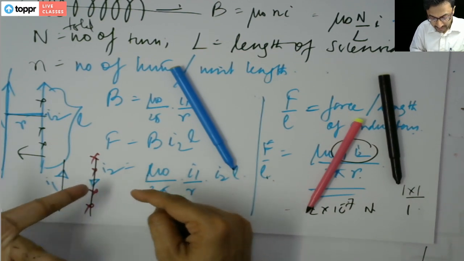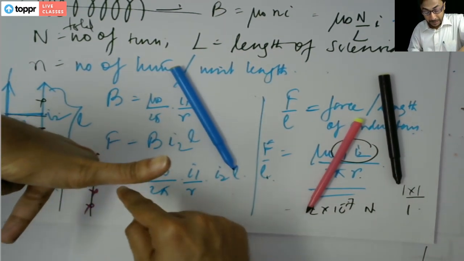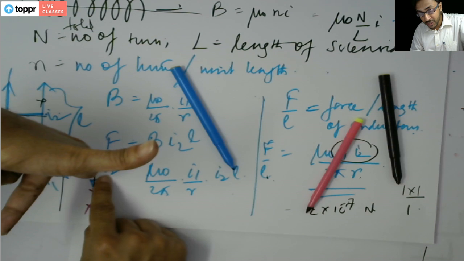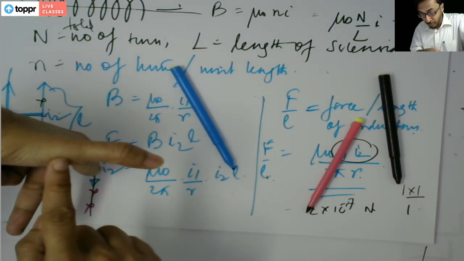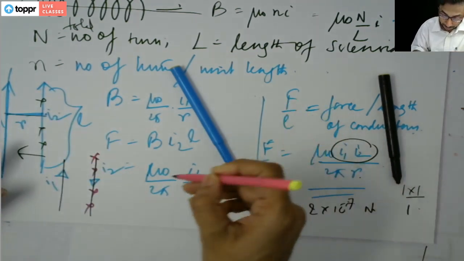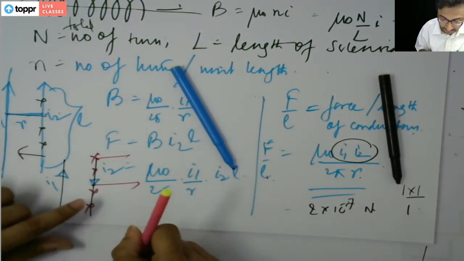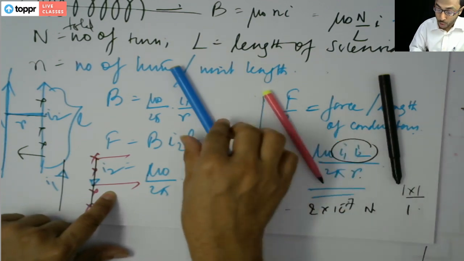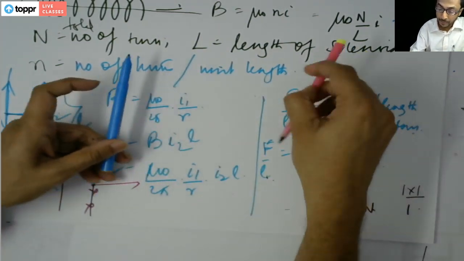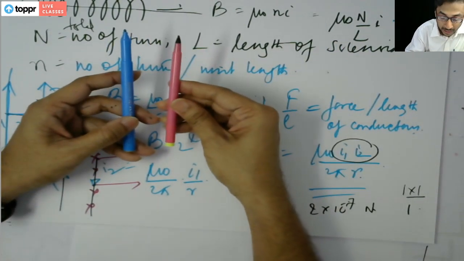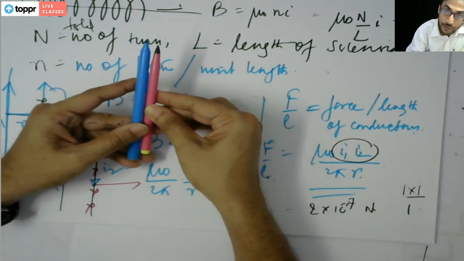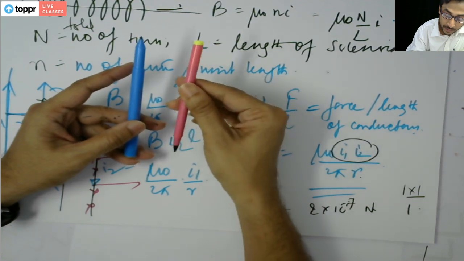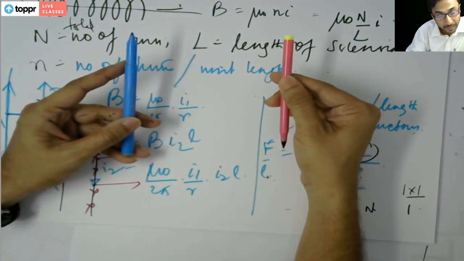Here current is in the opposite direction. Force is outwards, which means it is repulsive. So what we can deduce: when the two wires are carrying current in the same direction, they get an attractive force. When the wires carry current in opposite directions, they get a repulsive force.